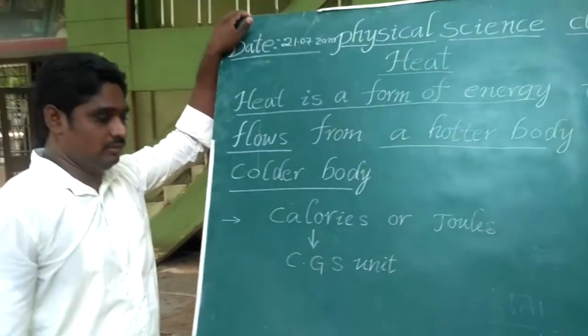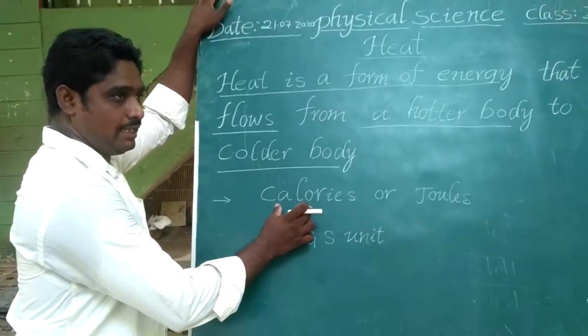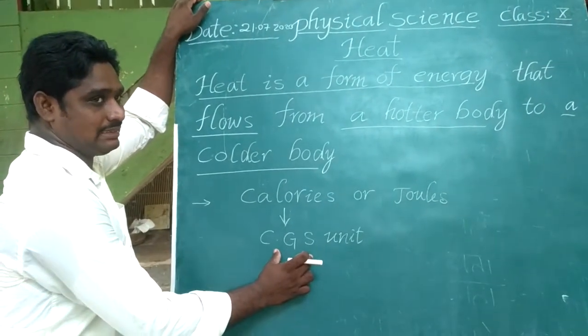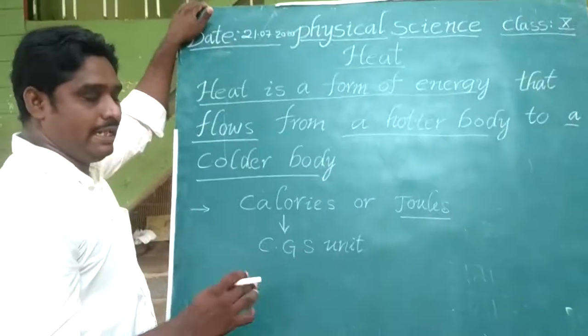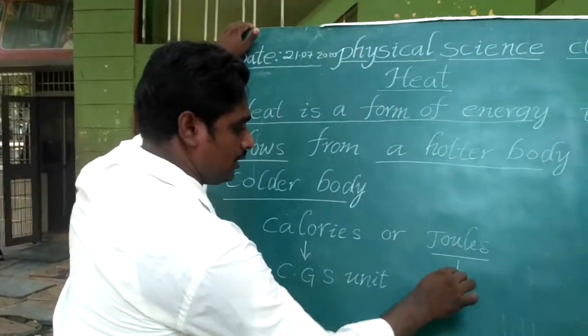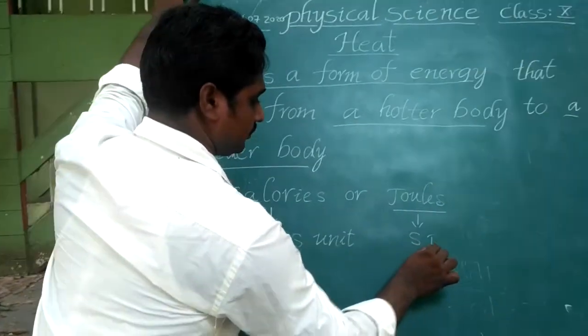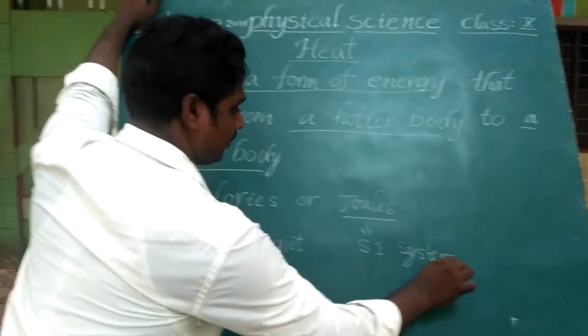That means heat is measured in calories in the Celsius system. Next, heat is measured in joules in the SI system.